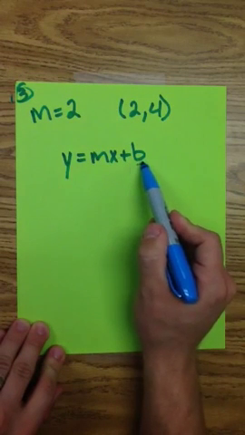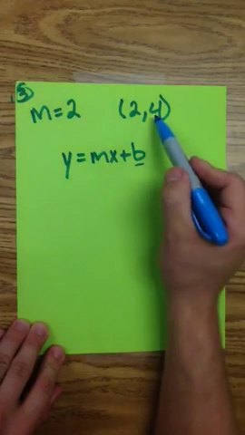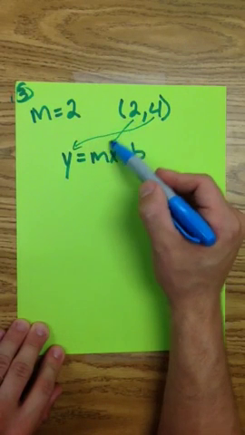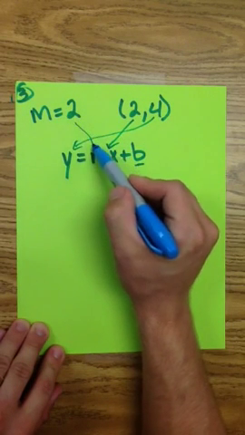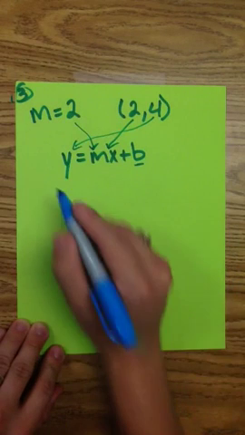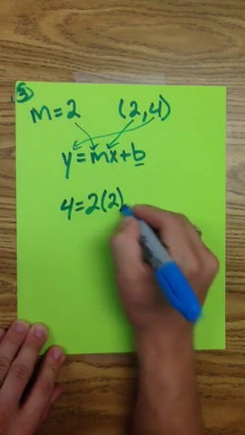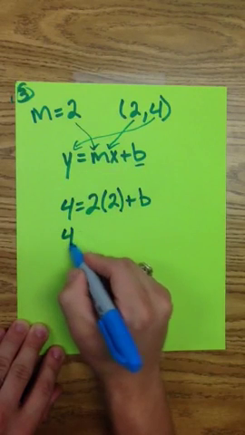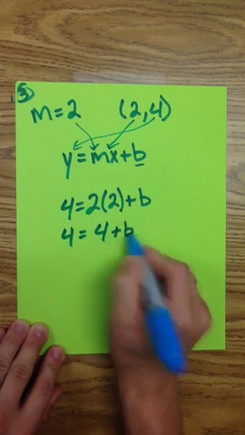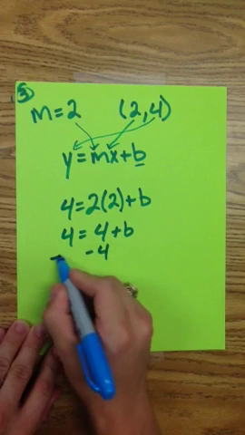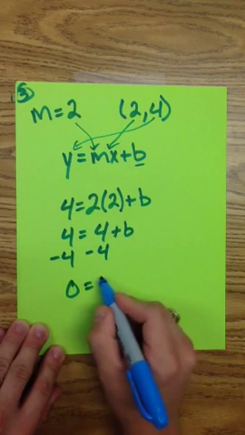But this time I'm going to have to find b. So I'm going to plug in my y, my x, and my slope. So I would say 4 equals 2 times 2 plus b. 4 equals 4 plus b. So when I subtract 4 from both sides to get b by itself, 0 equals b.